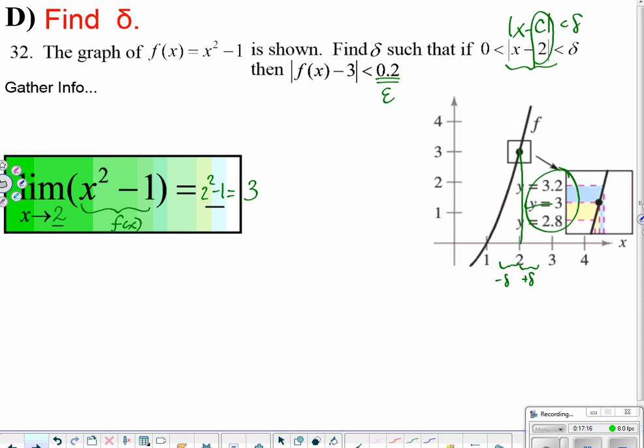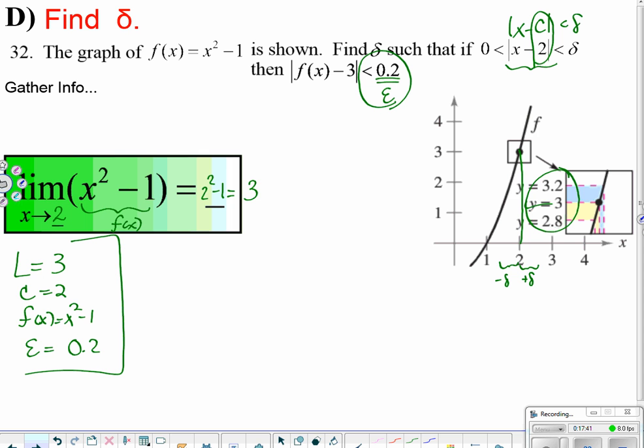There's our limit value of 3, and that is L. So I have all these things picked out. L equals 3, c is 2, f of x equals x squared minus 1, and my epsilon is 0.2, which I got right from there. Maybe it helps you to keep track of that stuff off to the side of what the values are.